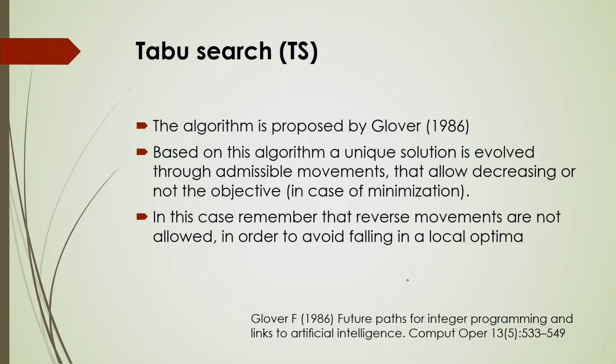Tabu search is an algorithm proposed by Glover. Based on this algorithm, a unique solution is evolved through admissible movements that allow decreasing or not the objective, in the case of minimization. Remember that reverse movements are not allowed, in order to avoid falling into a local optimal solution.